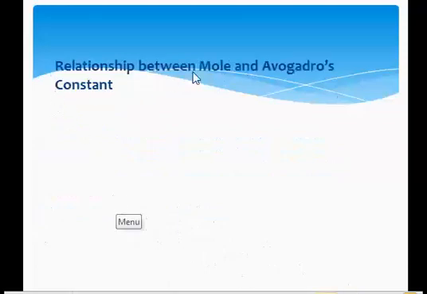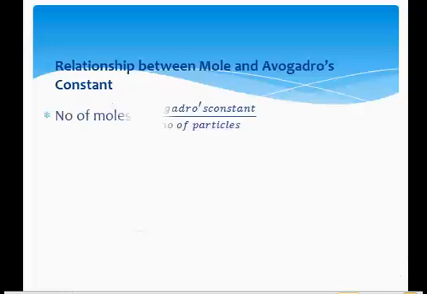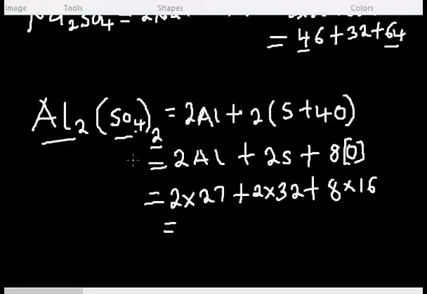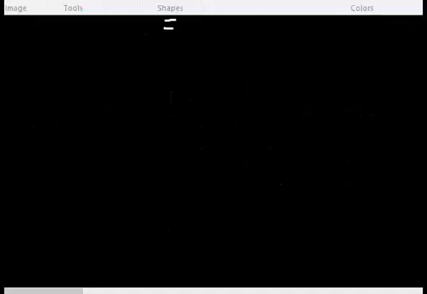Let's look at the relationship between mole and Avogadro's constant.